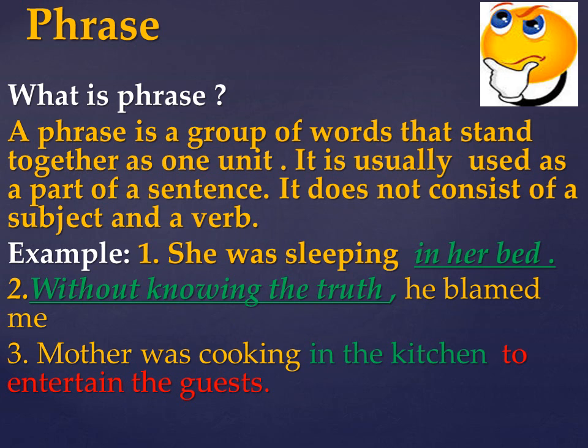In the kitchen is one unit, and to entertain the guests is another unit, as they are conveying different senses. In the kitchen means রান্নাঘরে, to entertain the guests, গেস্টদেরকে আপ্যায়ন করার জন্য. So there are two units, that means two phrases here. And the yellow part is the clause.